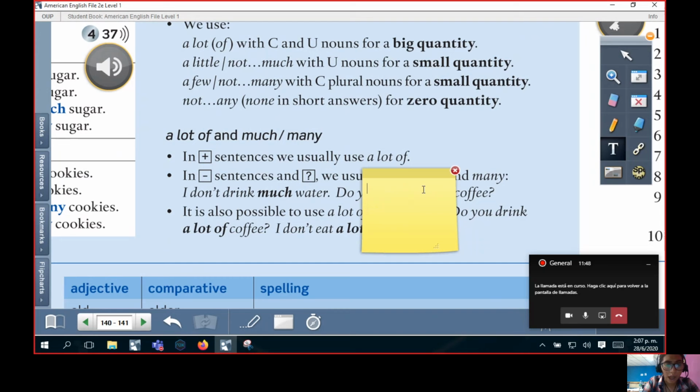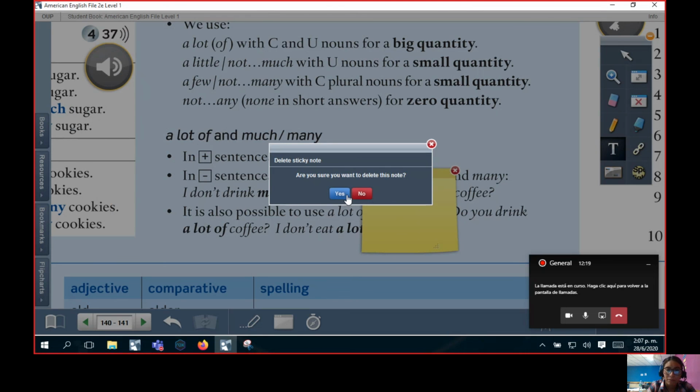And then we have a few and not many for countable things. In both cases, we are talking about a small quantity. Any means zero. Okay, guys? Bye.